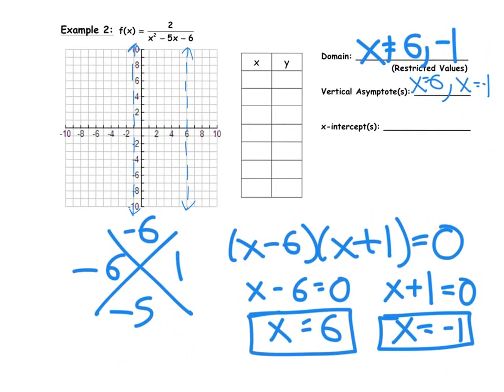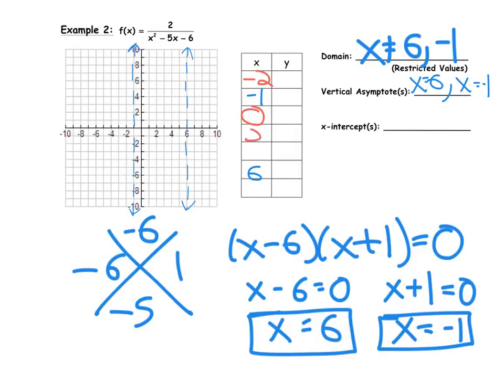Okay, and so I'm going to go ahead and put those two numbers on my table. So I will put -1 right there, and I'll put 6 right there. Okay. So now let's pick some other x values around -1 and 6. So something smaller than -1, how about -2? Something between -1 and 6, how about 0?